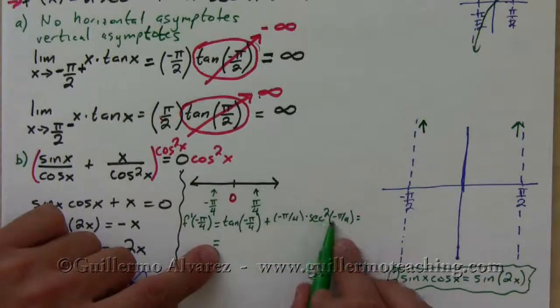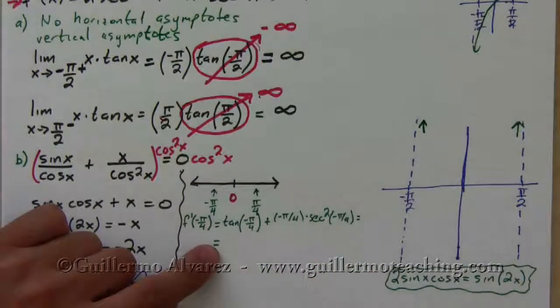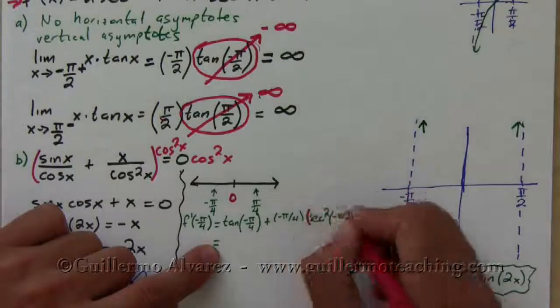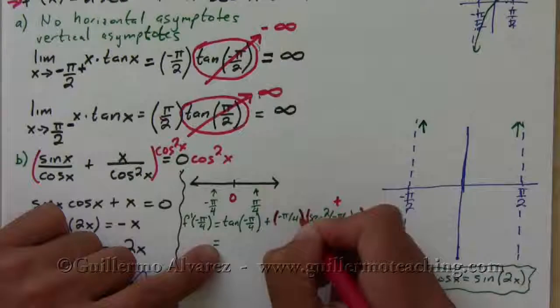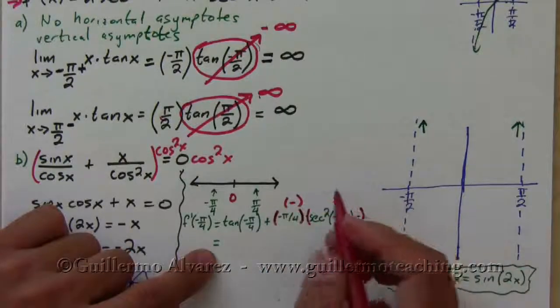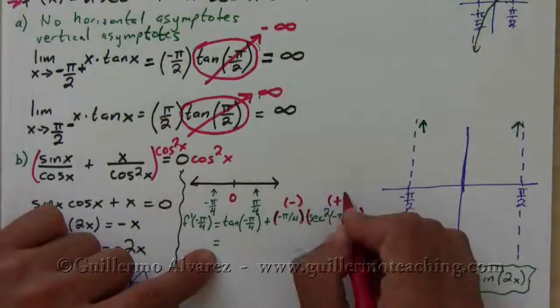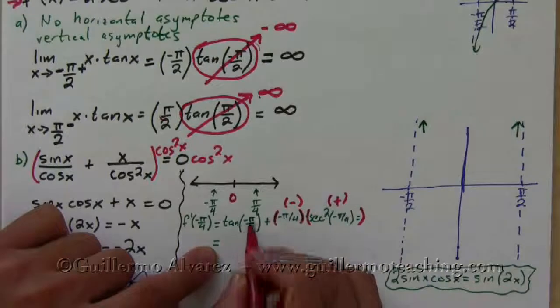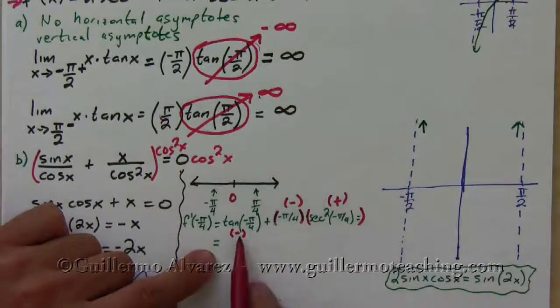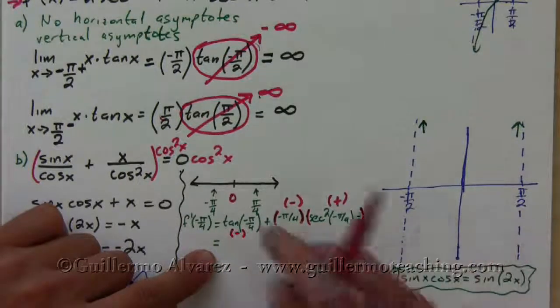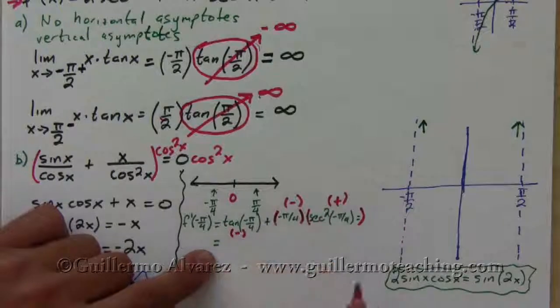Notice that secant squared is going to be positive. This guy is obviously negative. So negative times a positive is going to give me a negative. And tangent of negative pi over 4 is going to be negative as well, because tangent in the fourth quadrant is negative.